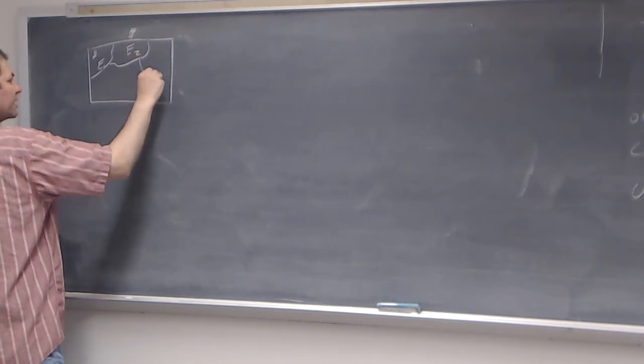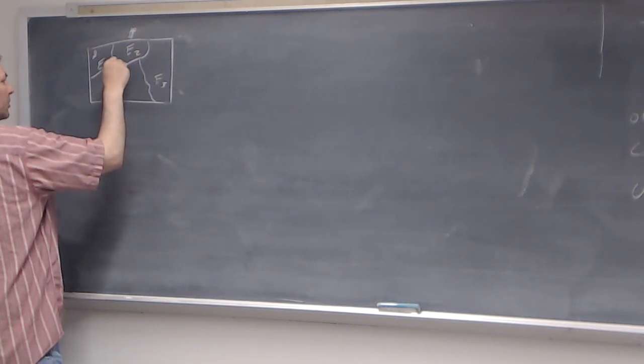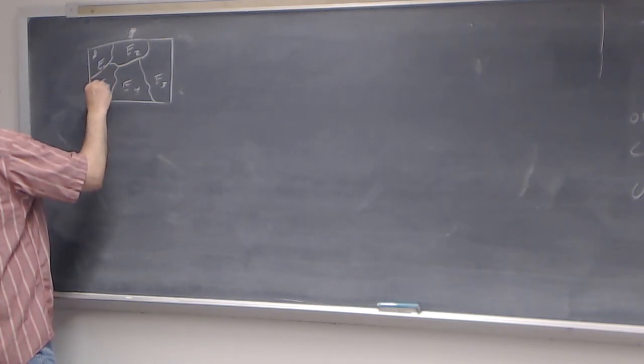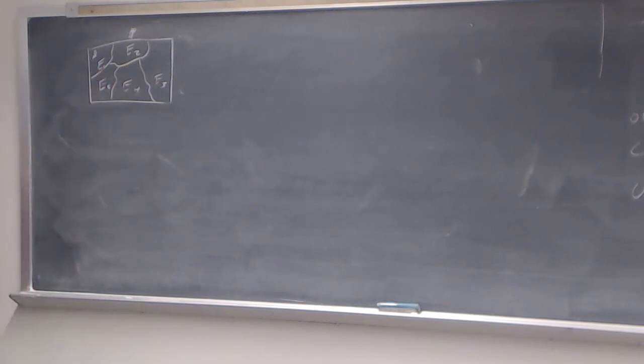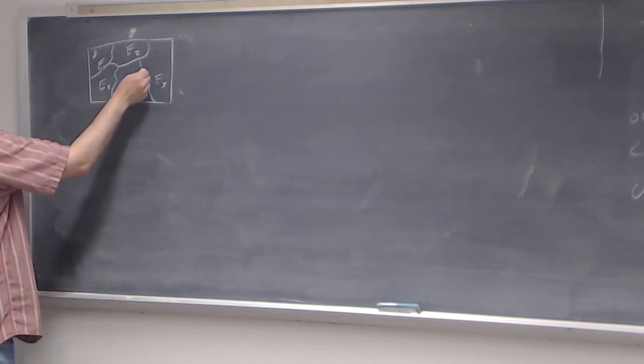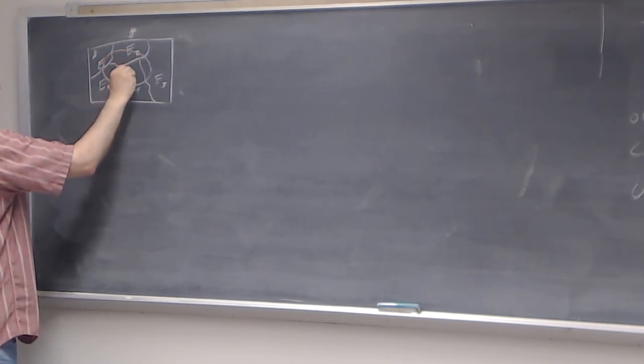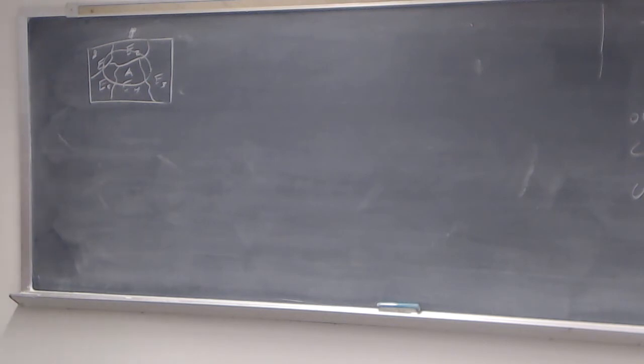Maybe this is E3. And this part right here is E4, and let's say this is E5. So it took 5 events here to be mutually exclusive and exhaustive. And let's say this is A. That kind of oval circle here is A. And someone says, what's the probability of A?